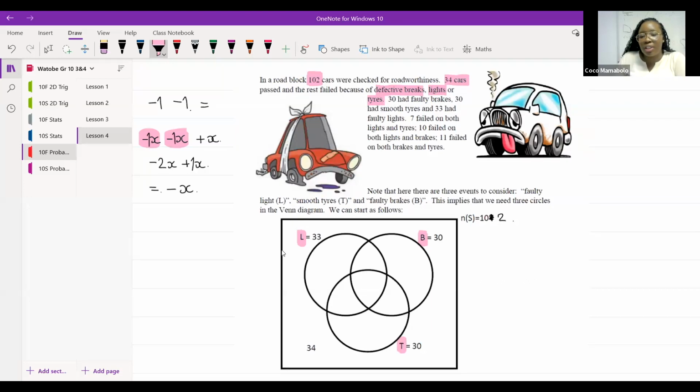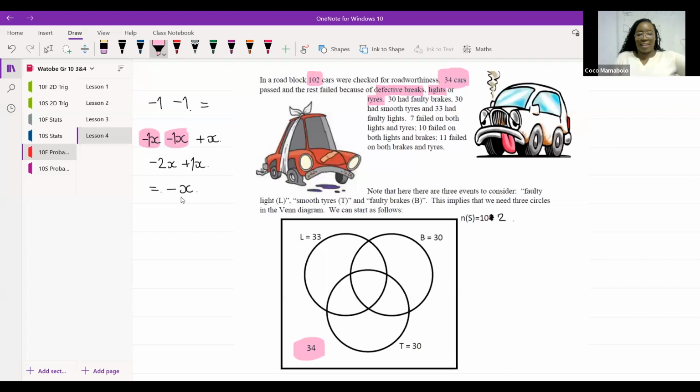They've shown us that the 34 cars that passed the test are on the outside, so that part is already done. Now it says 30 had faulty brakes, 30 had smooth tires, and 33 had faulty lights. 7 failed on both lights and tires, 10 failed on both lights and brakes, and 11 failed on both brakes and tires.